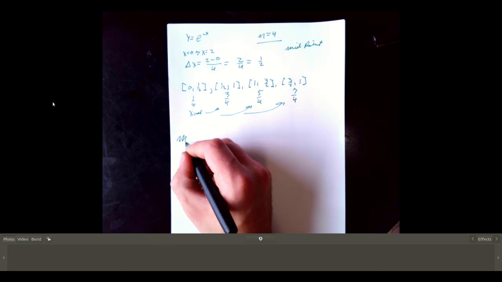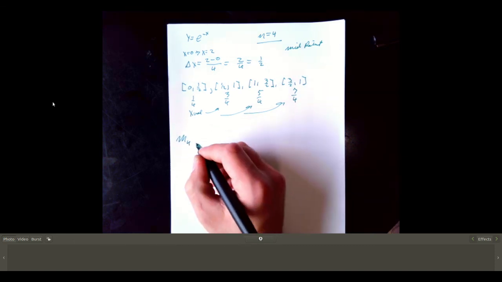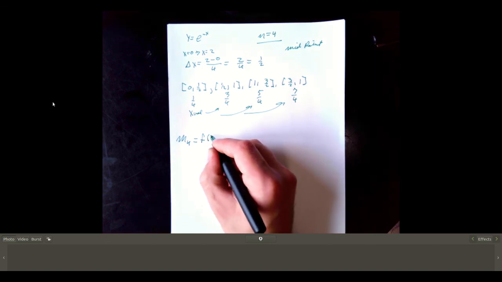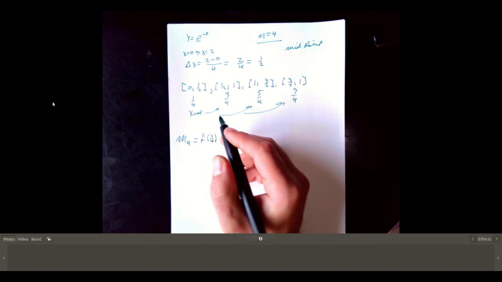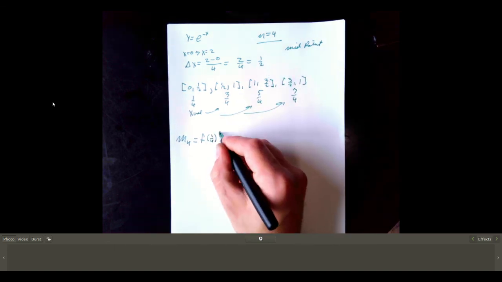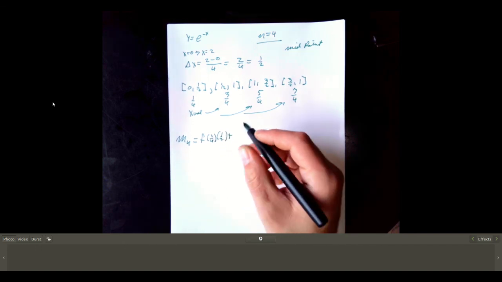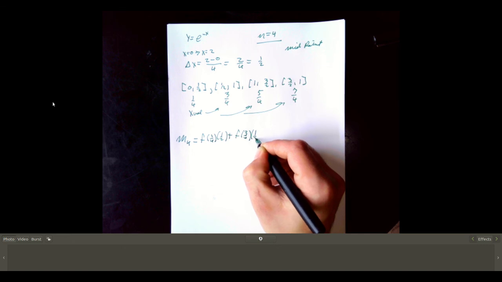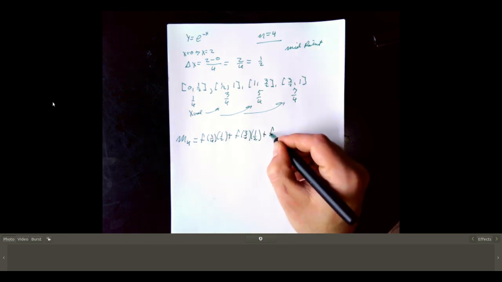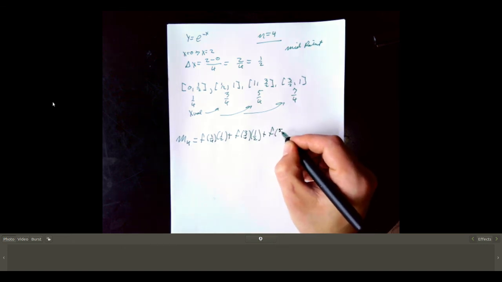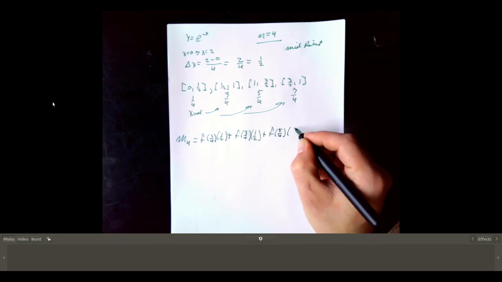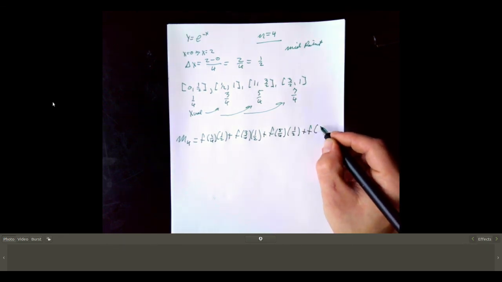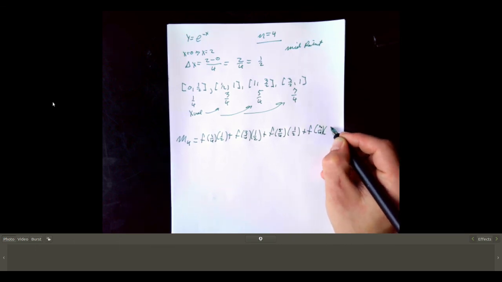We get M sub 4. The sum of the first four midpoints is going to be the height evaluated when x is equal to 1/4 times the width of our interval, which is 1/2, plus the height when x is equal to 3/4 times the width of our interval, plus the height of the rectangle when x is 5/4 times the width, plus the height when x is 7/4 times the width.